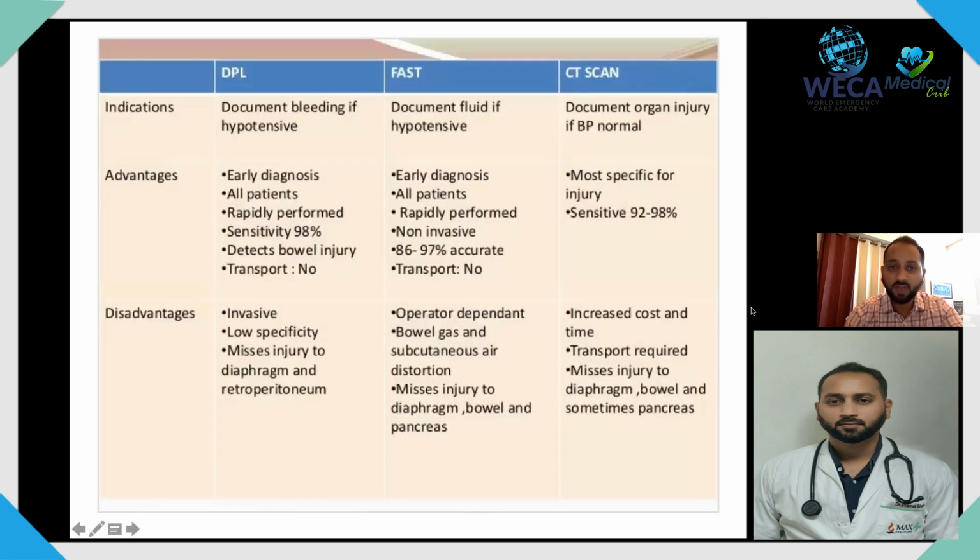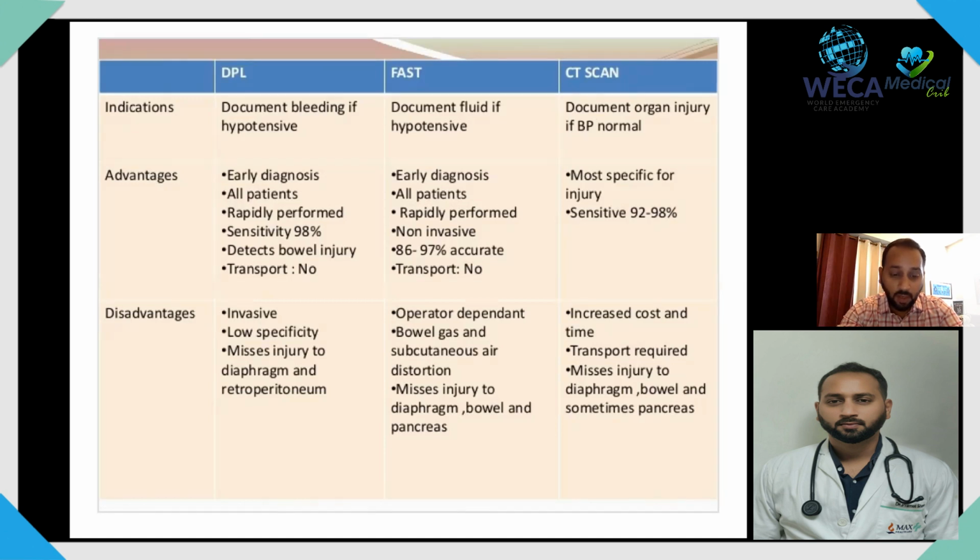Here is a comparative slide for diagnostic peritoneal lavage and FAST versus the CT scan. As we can see, for CT scan the BP should be normal, while DPL and FAST can be performed on hypotensive patients. FAST is non-invasive and can be done on all patients, although it is operator dependent, and bowel gas and air may cause distortion of the image.